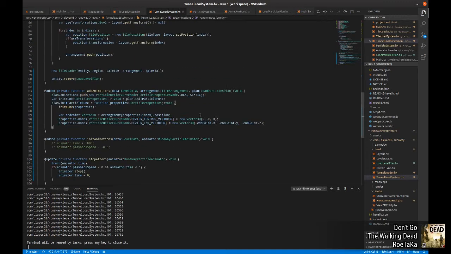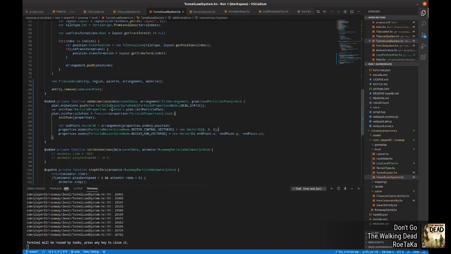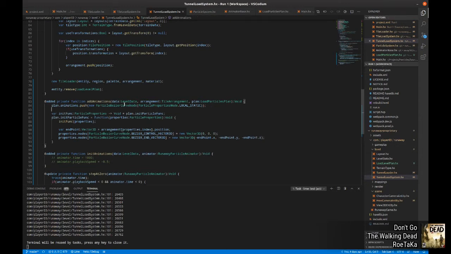So I still need to figure out why no movement is happening when we have a Bezier curve.